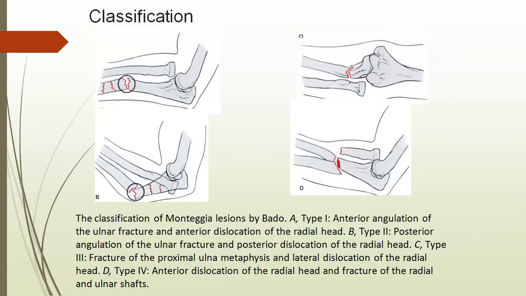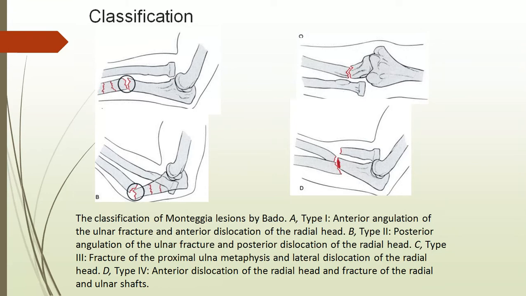along with this, there will be lateral dislocation of the radial head. Radial head has gone laterally. So in type 1, the radial head goes anteriorly, type 2 posteriorly, and type 3 laterally. But the ulnar fracture will not change. It will be there at the proximal 1/3.